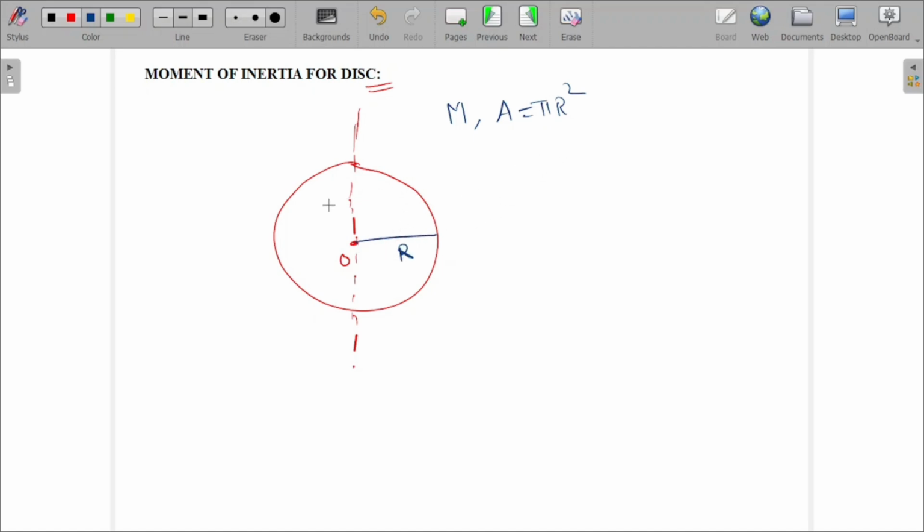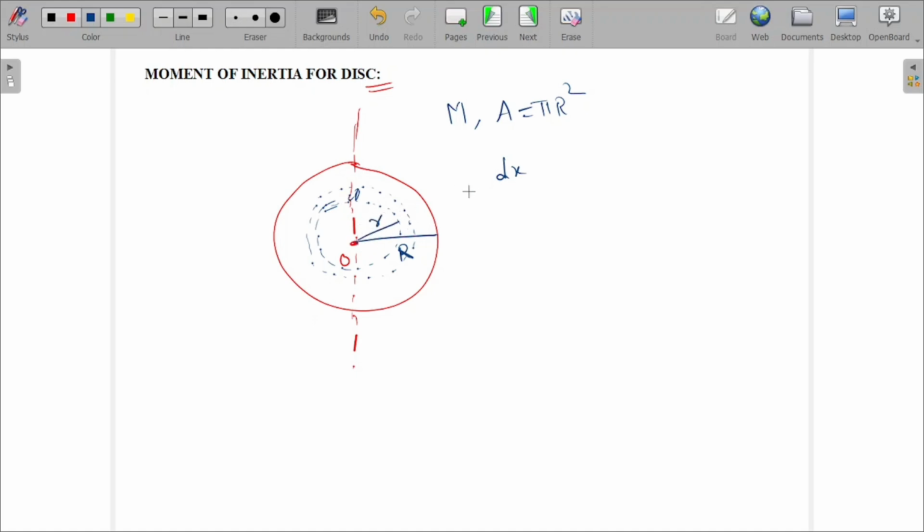Now we are about to consider a small element. Let's consider a small element like a ring. Its thickness is dx, and the length from here to here is smaller.